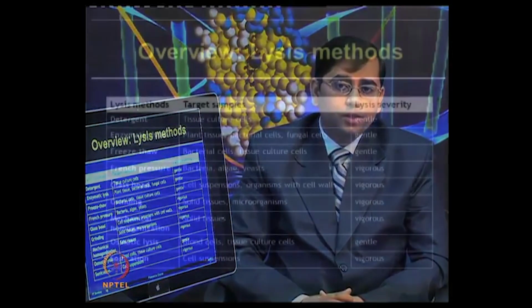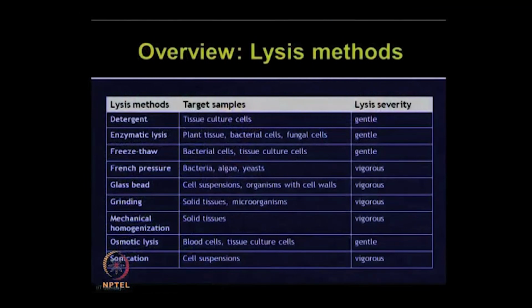The mechanical homogenization of solid tissues is another vigorous lysis method. Osmotic lysis can be used for blood samples and tissue culture cells, which is a gentle lysis method. Sonication can be used for cell suspensions and other bacterial samples, which is another vigorous lysis method. I hope these methods give you some options to lyse your cells effectively.